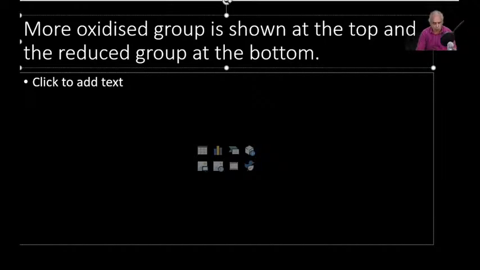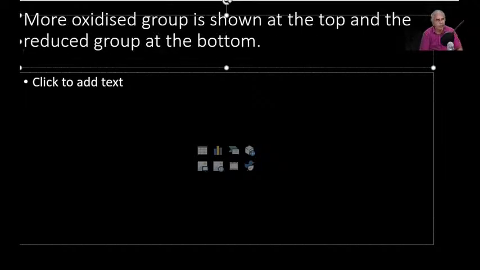And you must also note down another important point, that the chiral carbon atom should be viewed in such a way.